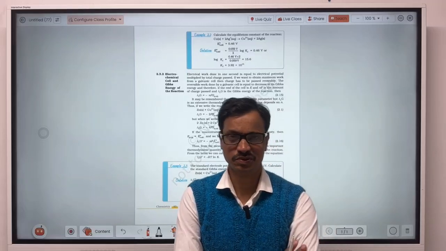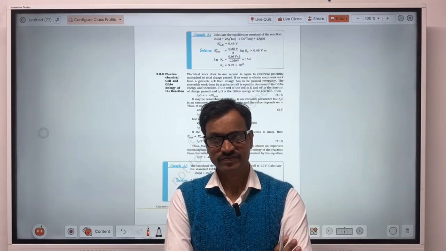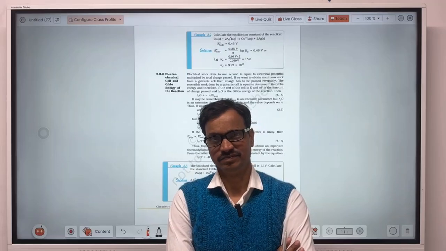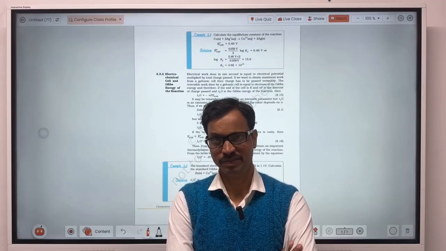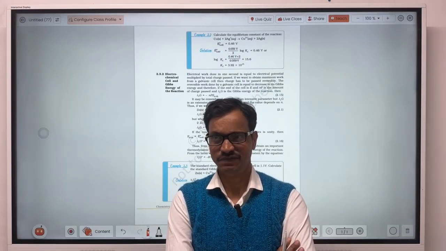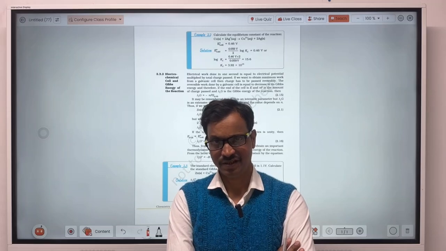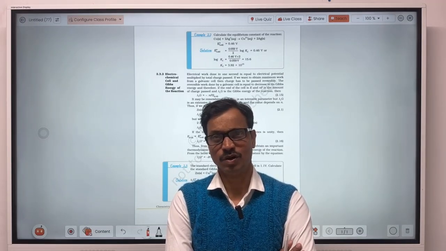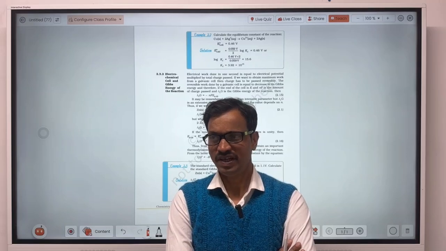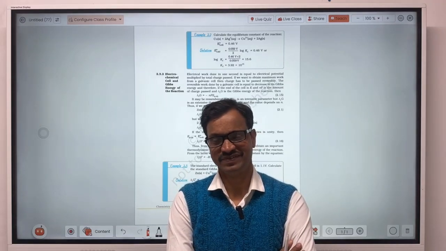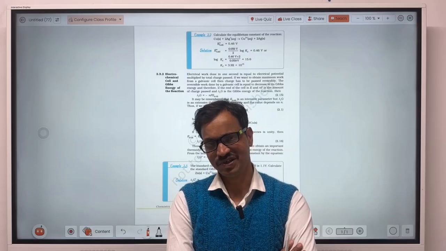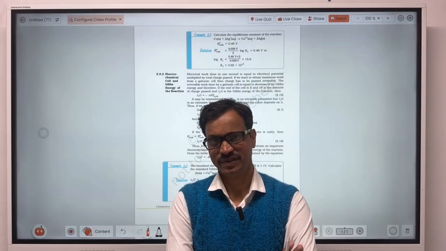As another example, suppose there is a tank full of water at the top of a building. If anyone opens the tap, very easily the water will come down.